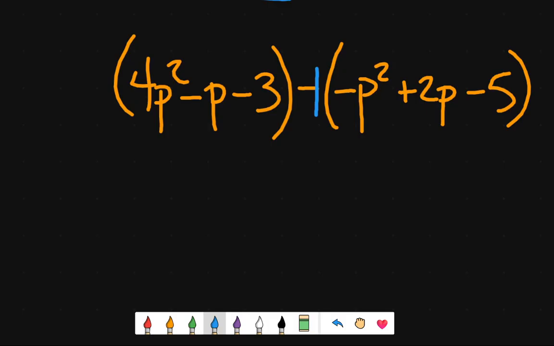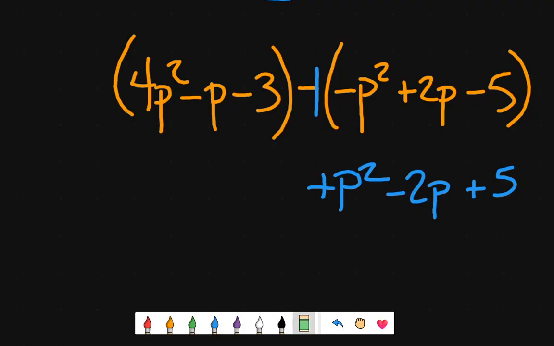So negative 1 times a negative p squared is a positive p squared. Negative 1 times a positive 2p to the first power is negative 2p to the first power. And a negative 1 times a negative 5 gives you a positive 5.